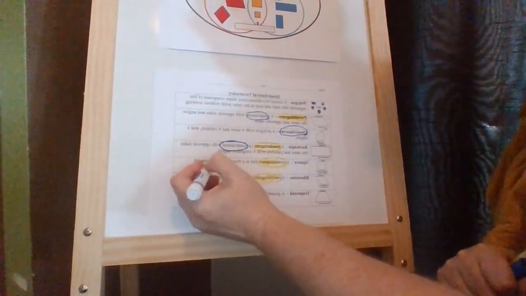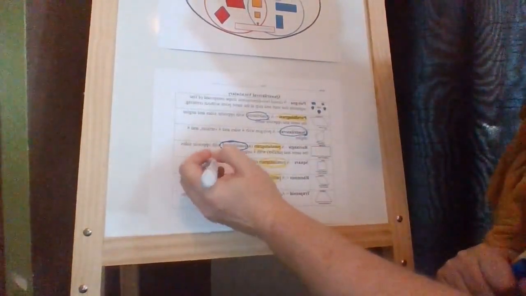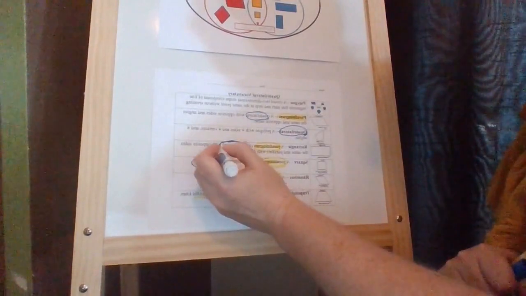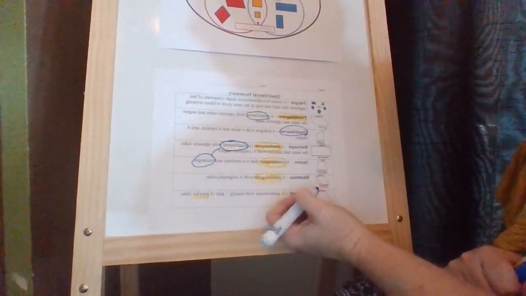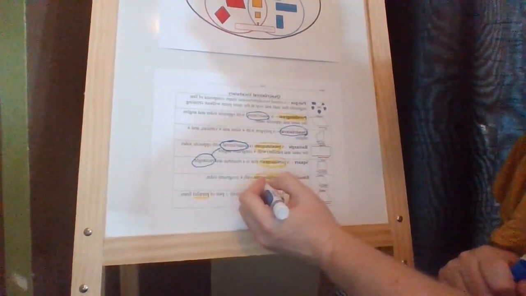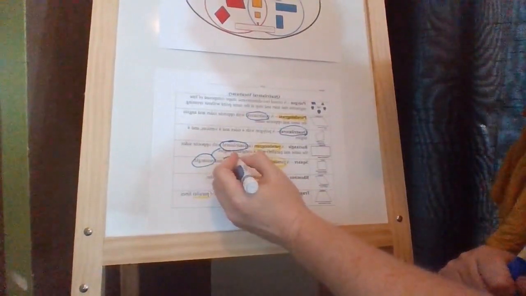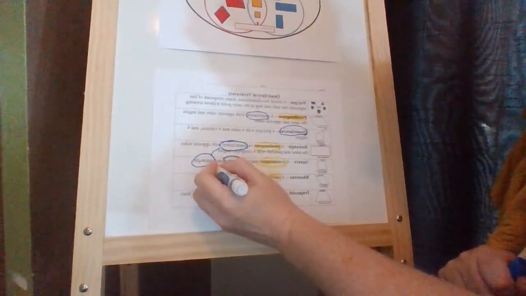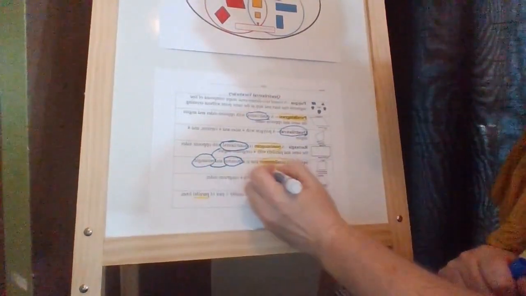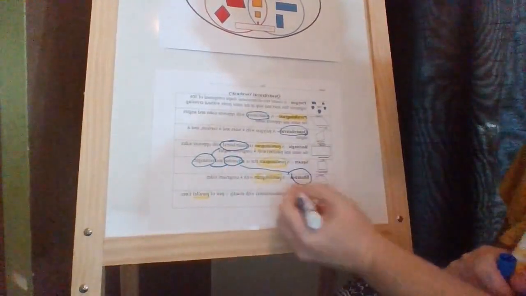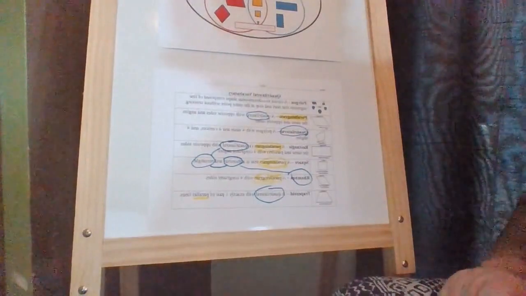So if it's a rectangle, we know that it is also a quadrilateral. A rhombus is a parallelogram, and we said if it's a rhombus, that it's a quadrilateral. And a trapezoid is also a quadrilateral.